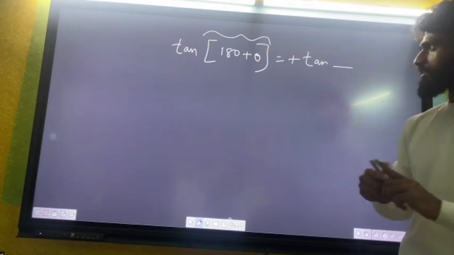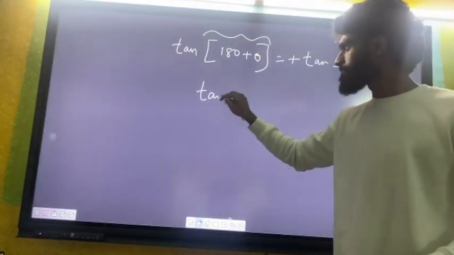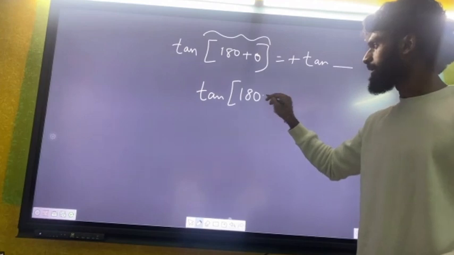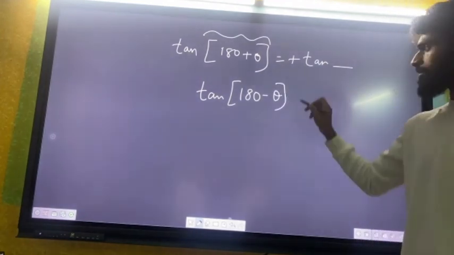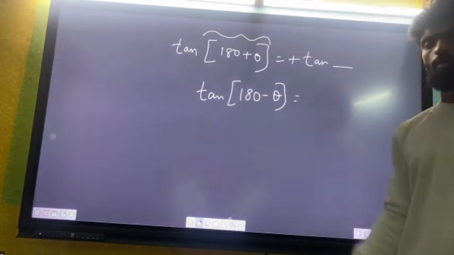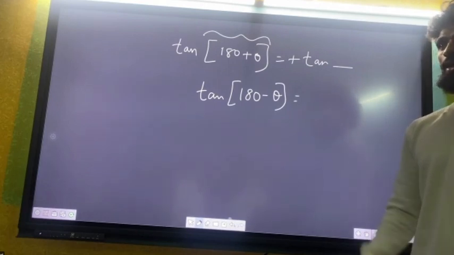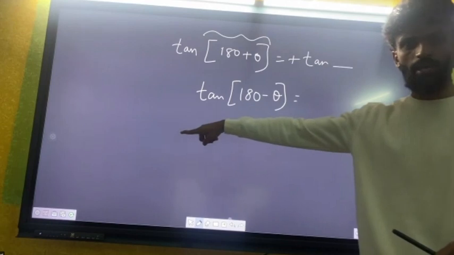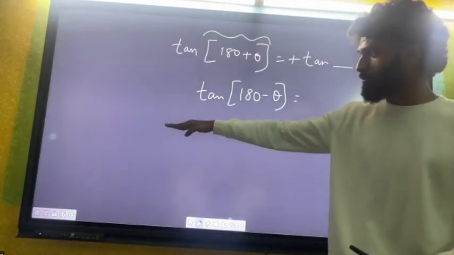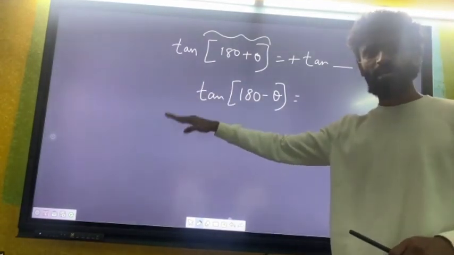So plus tan something. Got the logic of how it works? No doubt. By chance, if I write tan of 180 minus theta, first of all, which quadrant? 180 is somewhere there. Minus means you won't go with the flow, you will go against the flow. Second quadrant.